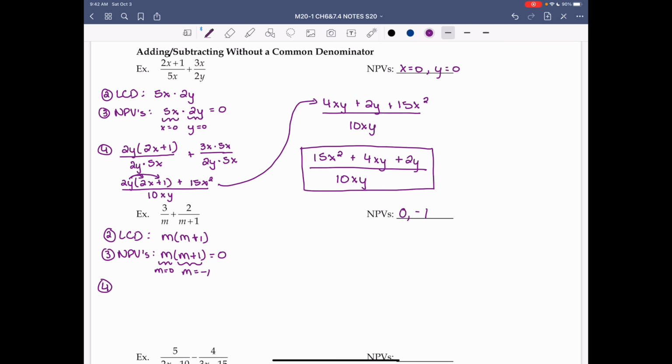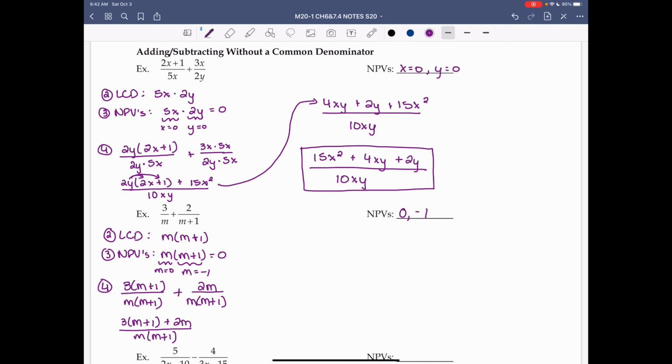Step 4, let's write these fractions with a common denominator. First one, 3 over m, we need to multiply by m plus 1. So 3 times m plus 1 over m times m plus 1. Second fraction, we need to multiply by m, 2m over m times m plus 1. Now we can write them in one fraction. We get 3 times m plus 1 plus 2m over m times m plus 1.